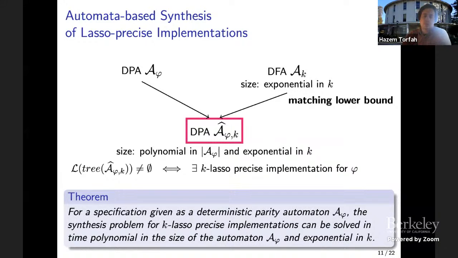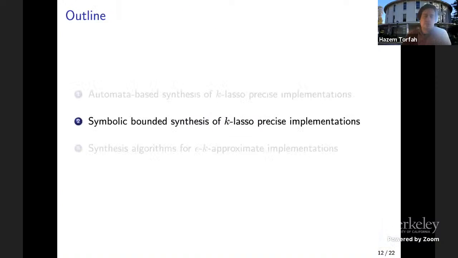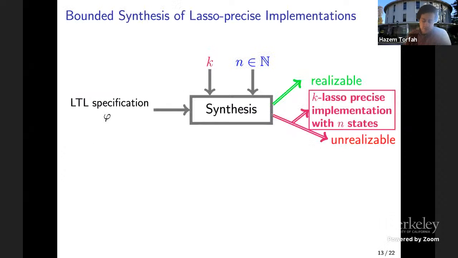All right. So in addition to this automata-theoretic approach, we also provide a symbolic approach. We're solving the bounded synthesis problem for k lasso precise implementations here. So we have another parameter that sets a bound on the size of implementations we're interested in. The result is that we'll get a k lasso precise implementation with n states.